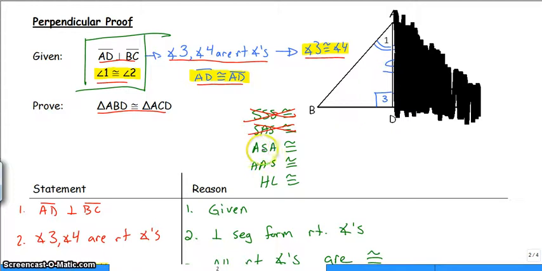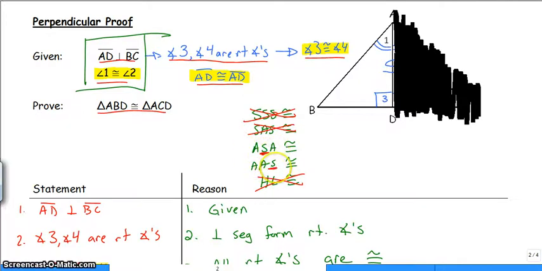Okay. I do have two angles marked. So it could be angle, angle. HL congruence means we have a right angle, which I have, but I need two sides, hypotenuse and leg. We already decided we only have one side. It can't be this. Then it comes down to these two. We need to find out where that side is located. Is it the included side, so the side touching both angles?